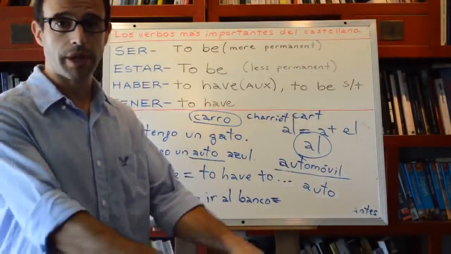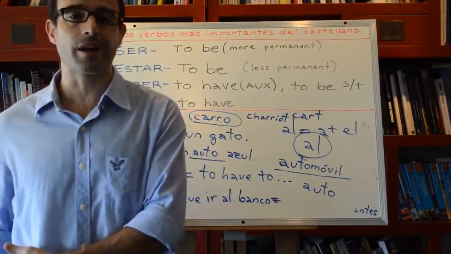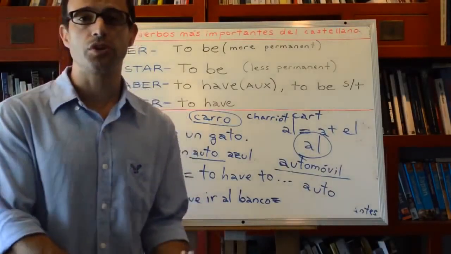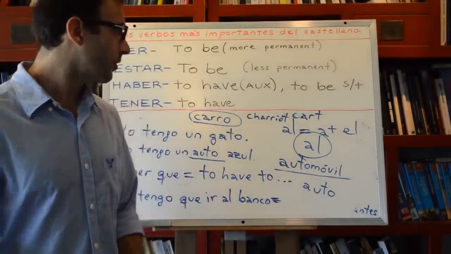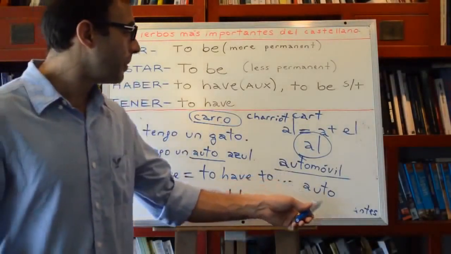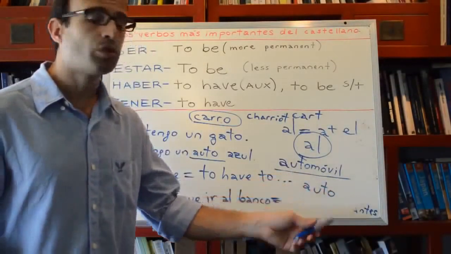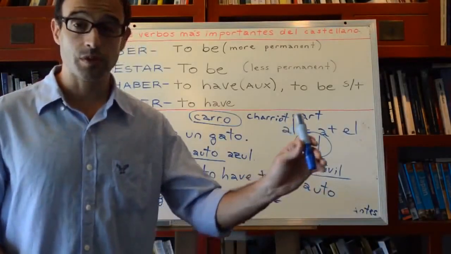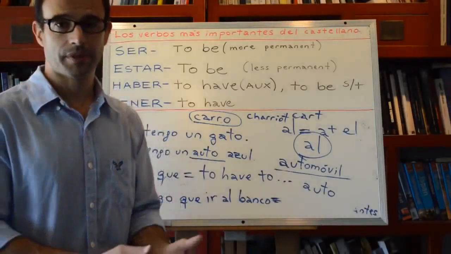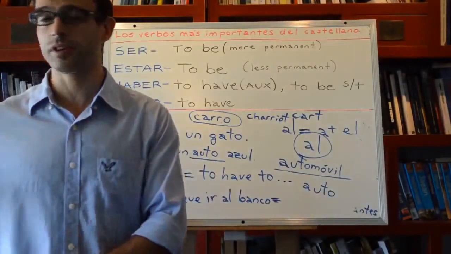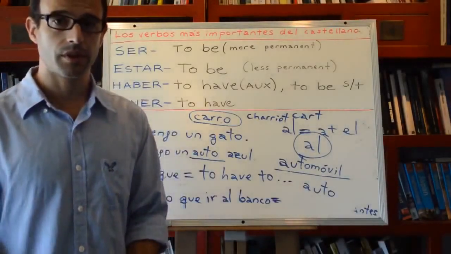The stroller for a baby is also called carro or carrito, which would be the diminutive for carro, okay? So that's why many countries prefer the word auto, which is actually targeted to the automobile stuff, okay? The cars that are in the street, the modern cars, okay?